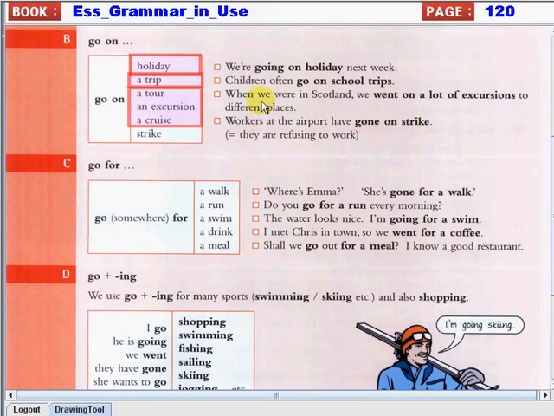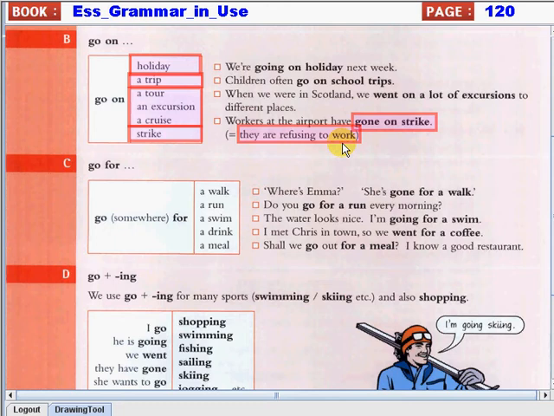Next is go on strike. Example: workers at the airport have gone on strike. Gone on strike means they are refusing to work, meaning workers at the airport don't want to work because they want to voice out something to the airport management.